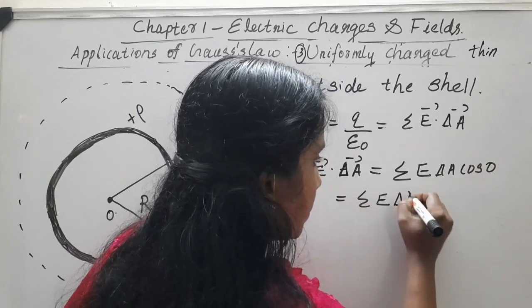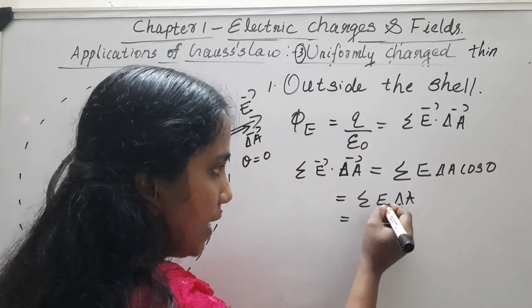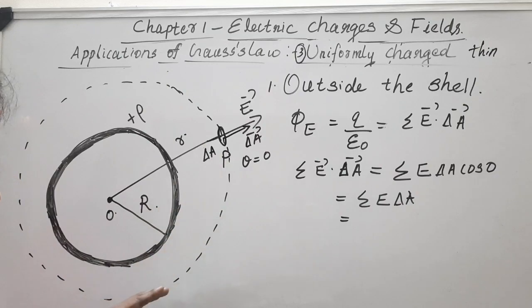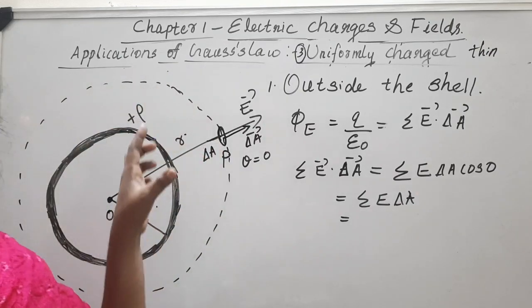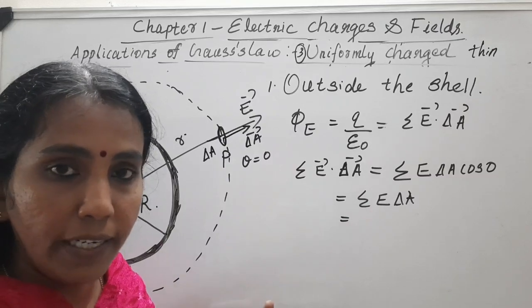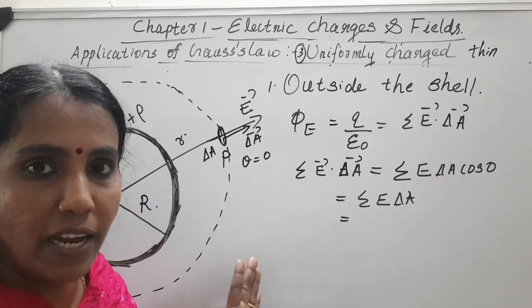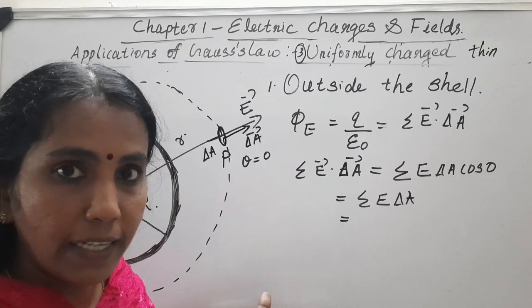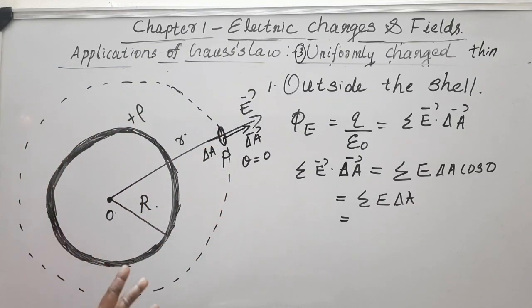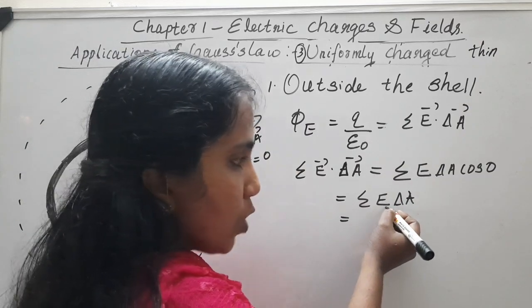That is summation E delta A. Now this electric field will be the same on the surface of this Gaussian surface because it has spherical symmetry. We already discussed that the field due to a spherical shell has spherical symmetry. So at all points this electric field will be the same, that means it is constant.